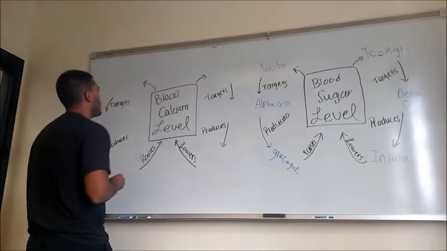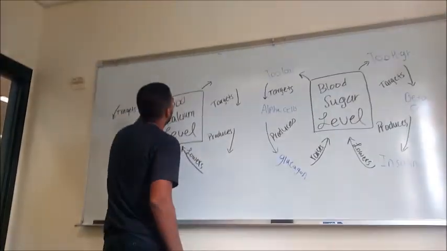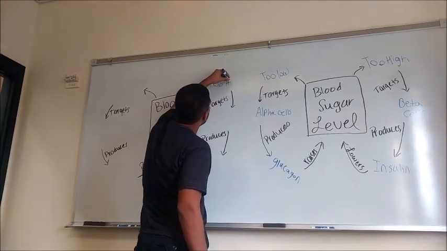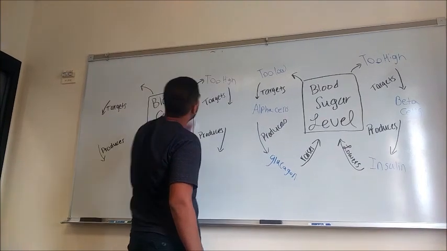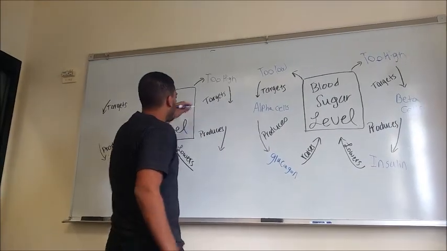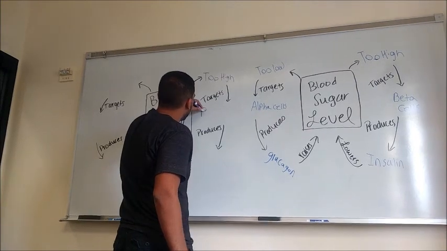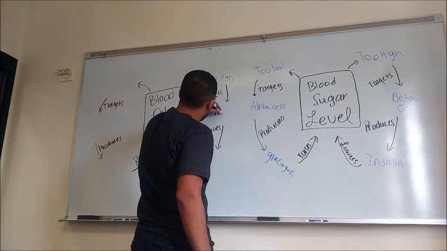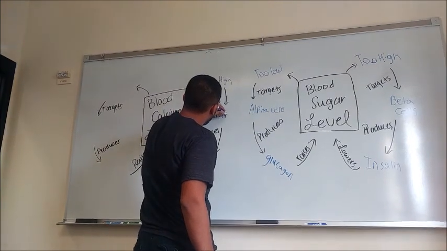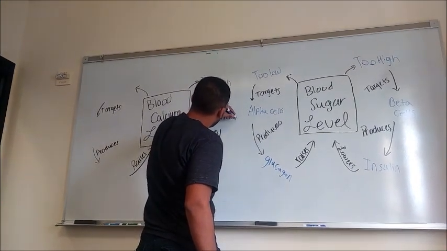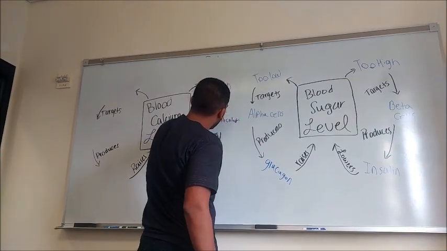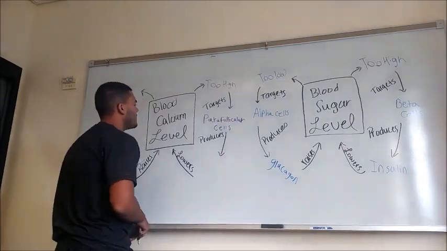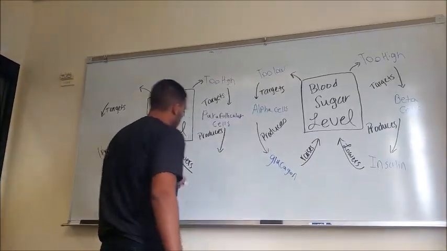And then, if we come over here to blood calcium levels, if your blood calcium is too high, your body then targets parafollicular cells. And these parafollicular cells produce calcitonin.